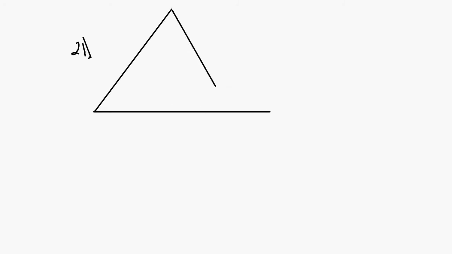Number 21. Two sides of this triangle are congruent, which means it's an isosceles triangle. This base angle is 5x minus 60. And this exterior angle is 5x.